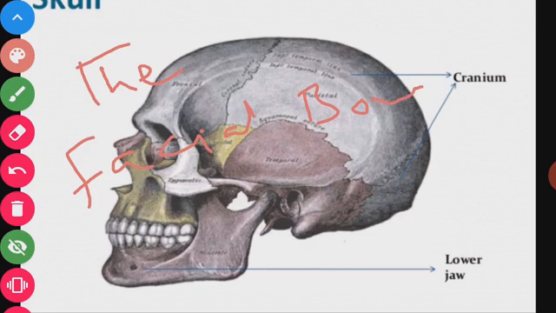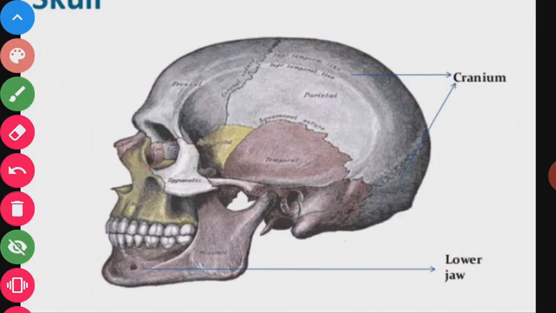How many parts does the skull have? Two. The cranium, and the facial bones, which consist of the lower jaw, upper jaw, bones of the nose, and eye sockets.